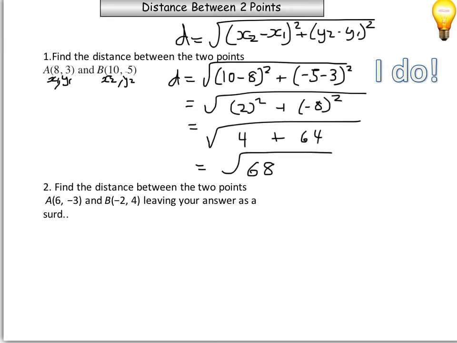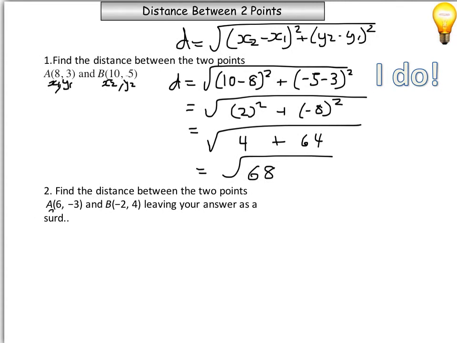So question 2, okay, so we need to do the exact same thing. We need to choose our x1 and our y1, our x2 and our y2.